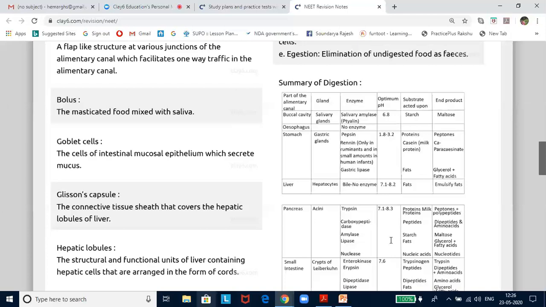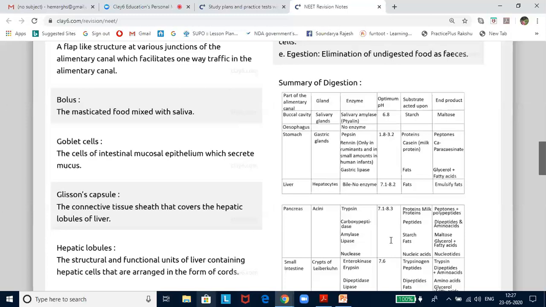The Brunner's glands secrete a large amount of viscous, enzyme-free, alkaline, and watery mucoid fluid. This secretion enables the duodenum to withstand the acidic chyme entering from the stomach until it is neutralized by the alkaline pancreatic and biliary secretions.